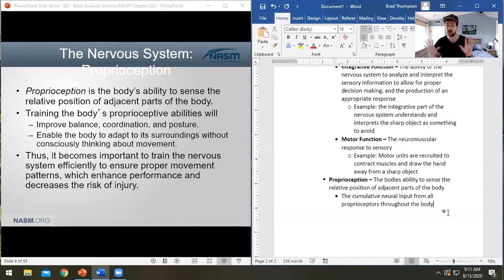Stretch receptors are sensing how long something is, if it's stretched out or relaxed. Tension receptors are sensing how hard something's pulling on a bone or how relaxed it is. And pressure receptors are sensing what the pressure changes in a joint might be as it moves through a range of motion.